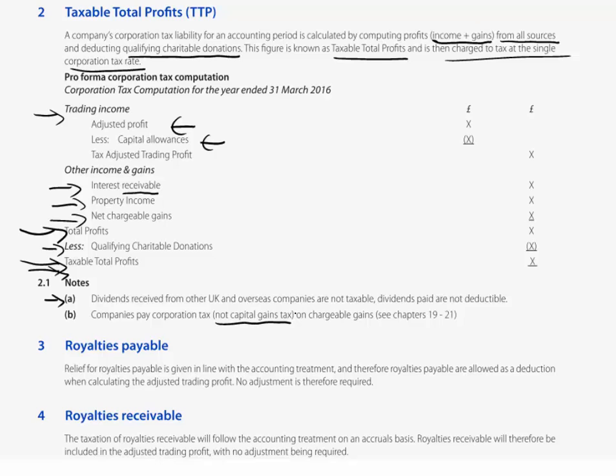On the corporate tax computation, for that chargeable accounting period, we must establish trading income. That requires you to do your adjustment of profits. Again, if not already, make sure you revise the basic adjustment of profit rules from chapter 4. We must then compute and deduct our capital allowances.